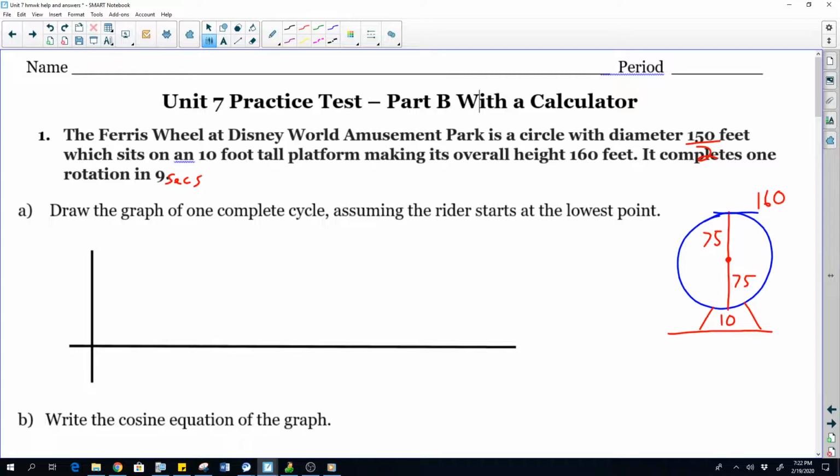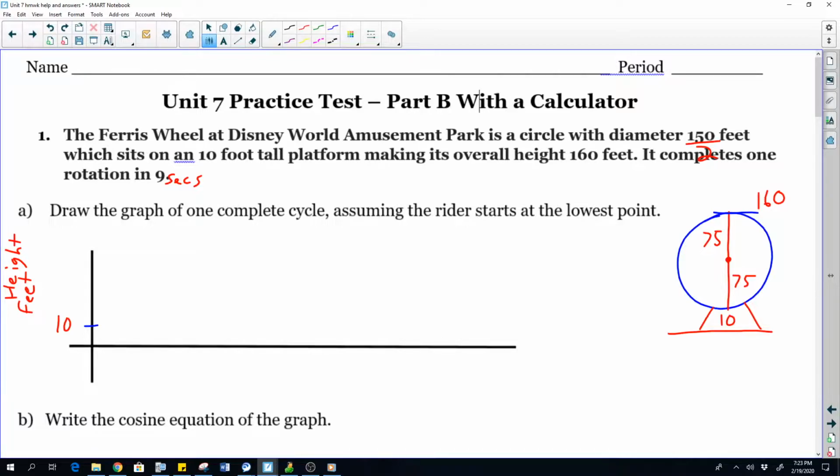Awesome. Okay, so then we're going to do one complete cycle. And the rider starts at the lowest point. So we're going to start down here at our minimum, which is 10 feet. And so this is going to be feet in our measurement here. It's going to be our height if you want to really be specific, which is always good on a test.